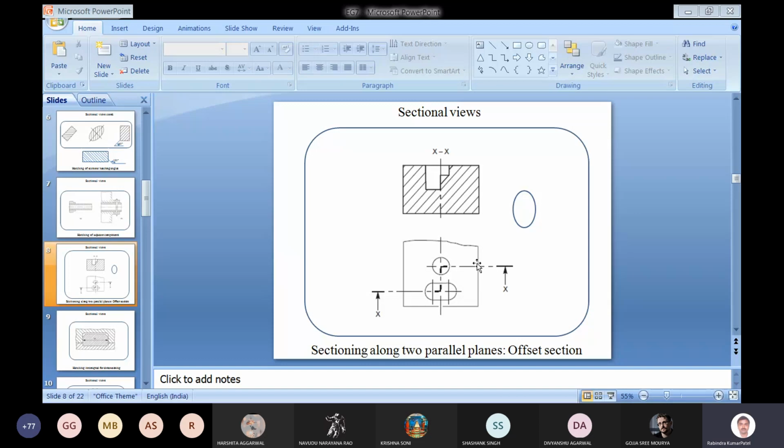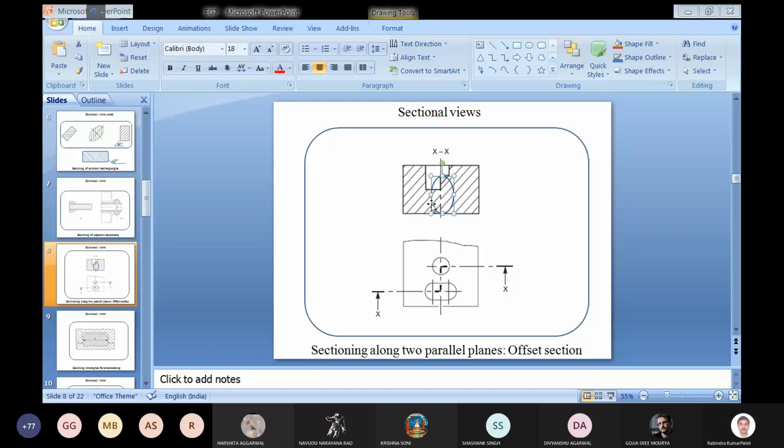Here you can see, hatching lines are not continuing in this part. Hatching lines are breaking at this location. Like here you can see, hatching lines have the same direction. The only thing is that they are not continuing in this other part. So this is the way to show the offset section.